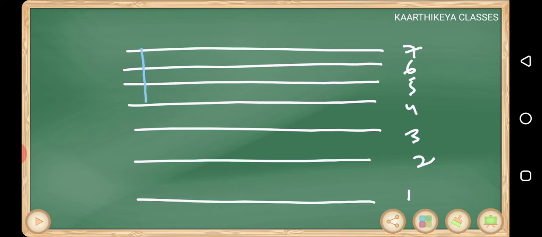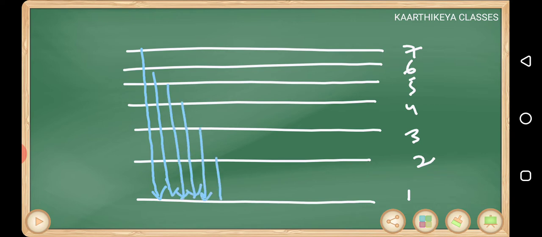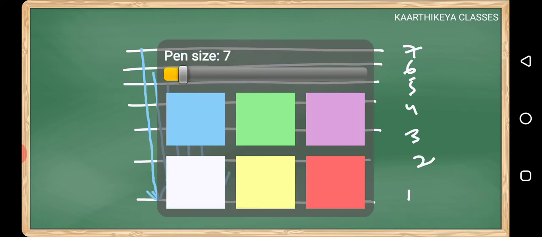From any energy level, if the electron is falling to the first energy level, 7 to 1, 6 to 1, 5 to 1, 4 to 1, 3 to 1, 2 to 1, that is one type of series.